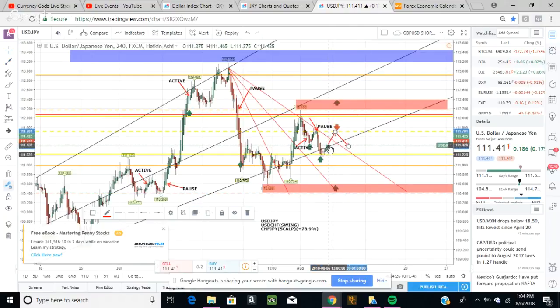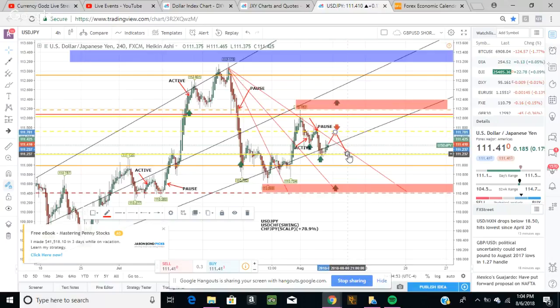I can trade this market going up until I get to this 38.2 level here, and that's where the reversal is likely to happen. So my overall outlook here is short term the market is going to be bullish, but long term we're looking at more of a bearish market.